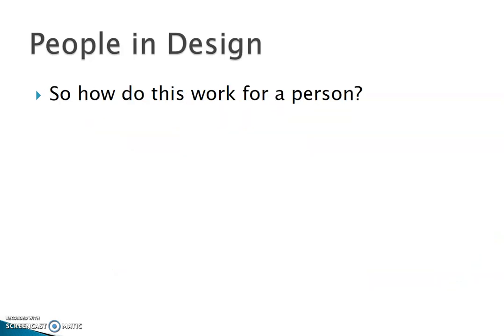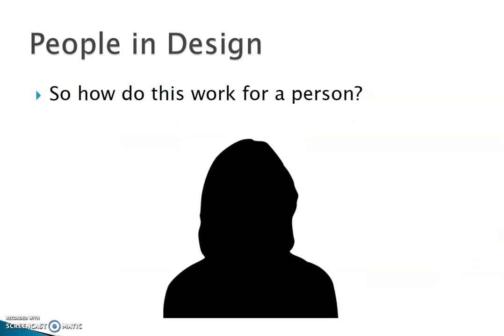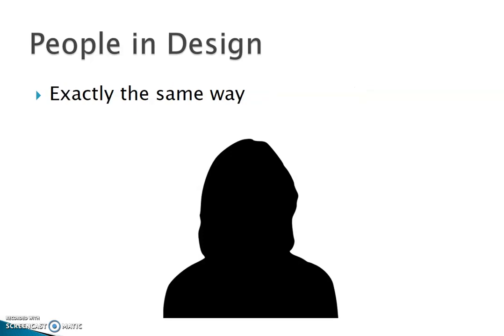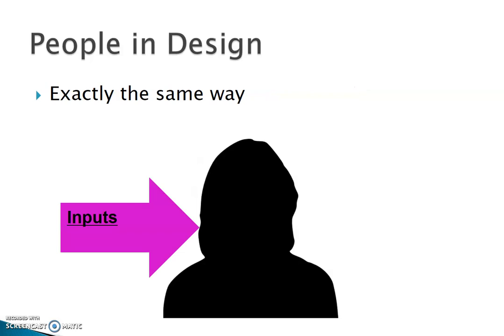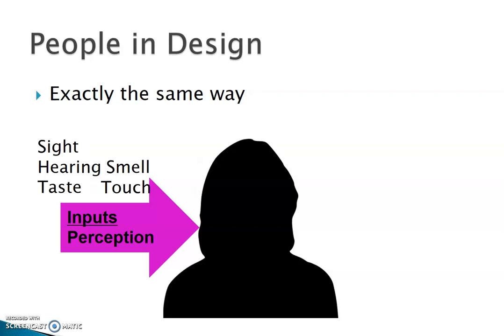But instead of thinking of a specific case, I want to think of it generally about a person. So a person, if we viewed it as a system, has a number of inputs. We refer to those inputs as perception or sensory inputs. And we normally talk about the five classic senses of sight, hearing, taste, smell, and touch.